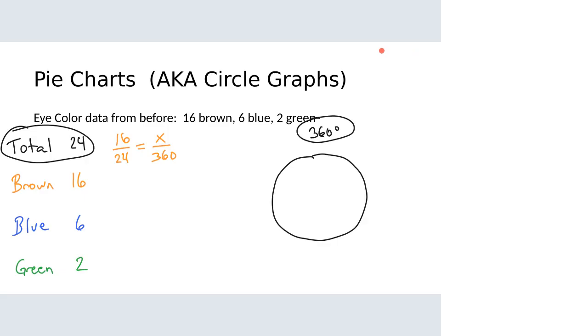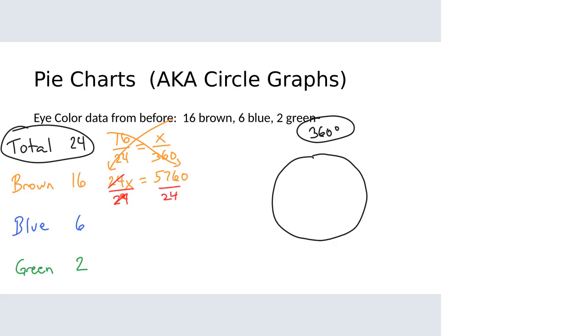We'll go ahead and solve this thing just the way we did last week. We'll cross multiply and have 24 times x is 16 times 360, which is 5,760. If you see something you're unsure of, you let me know. From here, we'll divide both sides by 24.